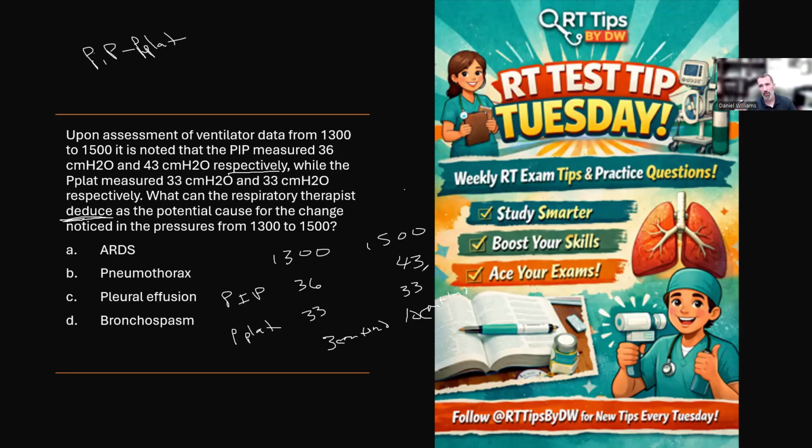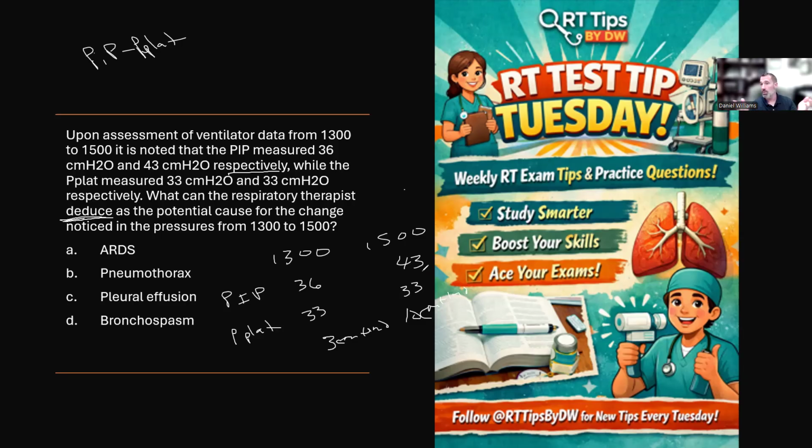So now I have to go back and remember the relationships: do I have a decrease in lung compliance or do I have an increase in airway resistance? If this were a decrease in lung compliance, you would expect to see roughly that same transairway pressure. So ultimately, you would see an increase in your plateau pressure and an increase in your peak inspiratory pressure while that transairway pressure stayed essentially the same.